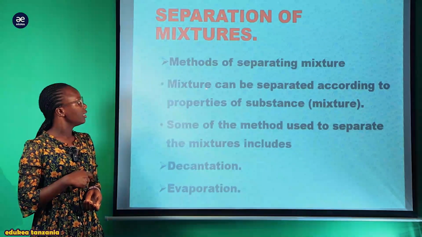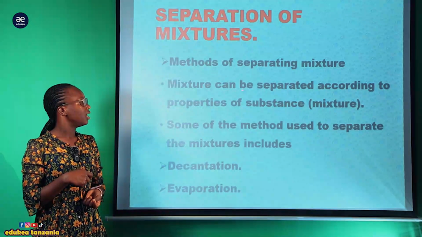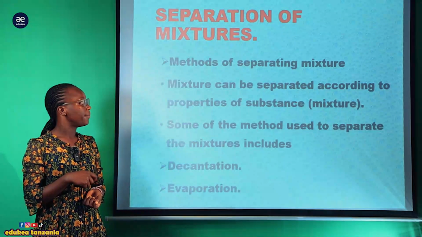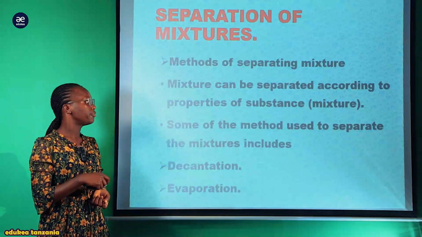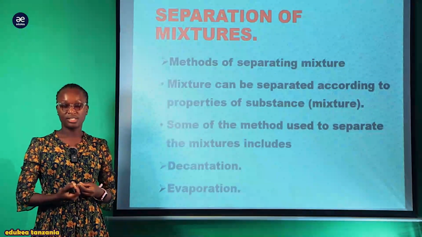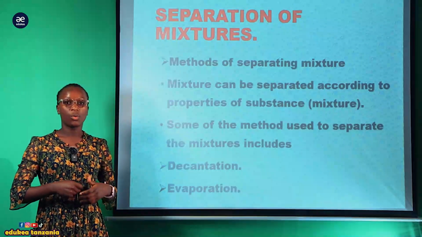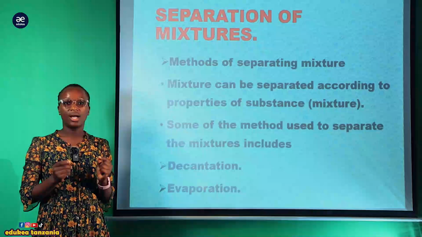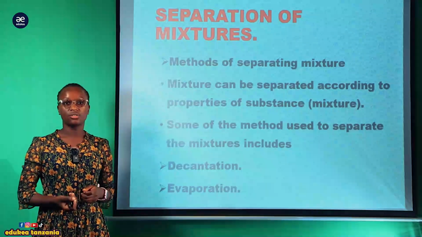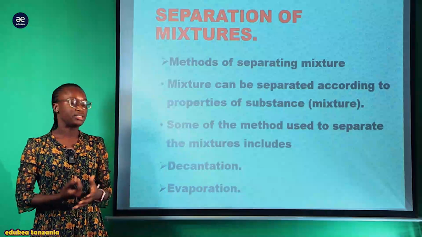When we talk about separating mixture, the mixture can be separated according to the properties of substance. Kwamba tunafanya separation of mixture by considering the properties of mixture. So we need to know what is in the mixture so that we can separate according to their properties.